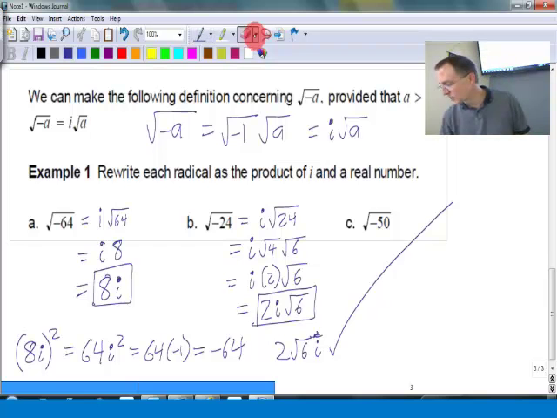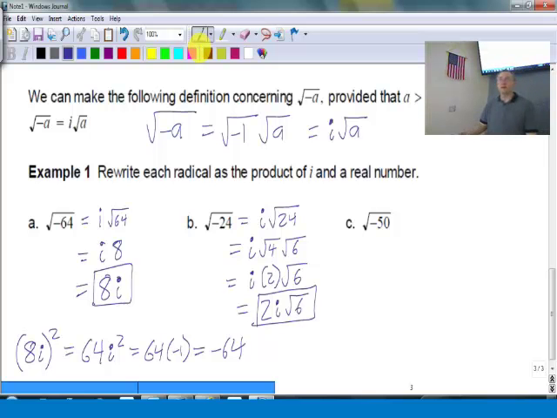So just as a precautionary measure, I like to put the i in front of the radical. If you put it after the radical, so long as there's enough daylight in between where I know the i is not underneath the radical sign, that's fine.